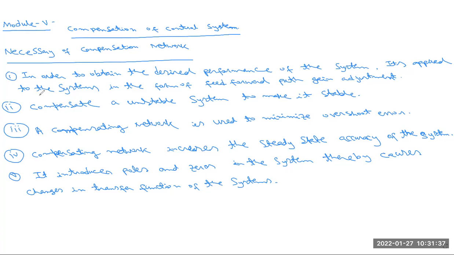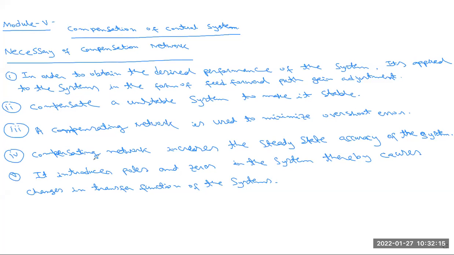So first, in order to obtain the desired performance, the network is applied in the form of feed forward path gain adjustment. Number two, a compensating network is required for an unstable system to make it stable. Number three, it is used to minimize the overshoot error, which is very important for stability of the control system.